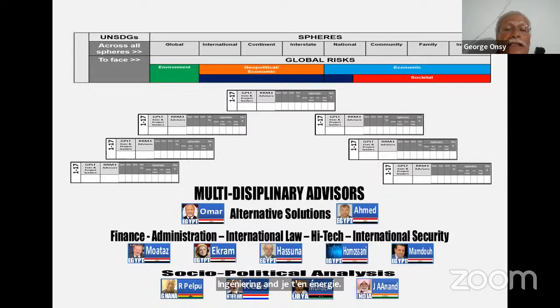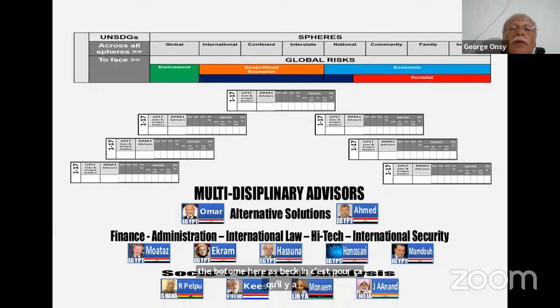We have the finance administration by Dr. Ikram, and international law, Mr. Muhammad Hassouna, high tech, international security. We have on the bottom here, as backing, the socio-political analysis, those who do the socio-political analysis. So this is a complete advisory core of the advisory activity we are giving.